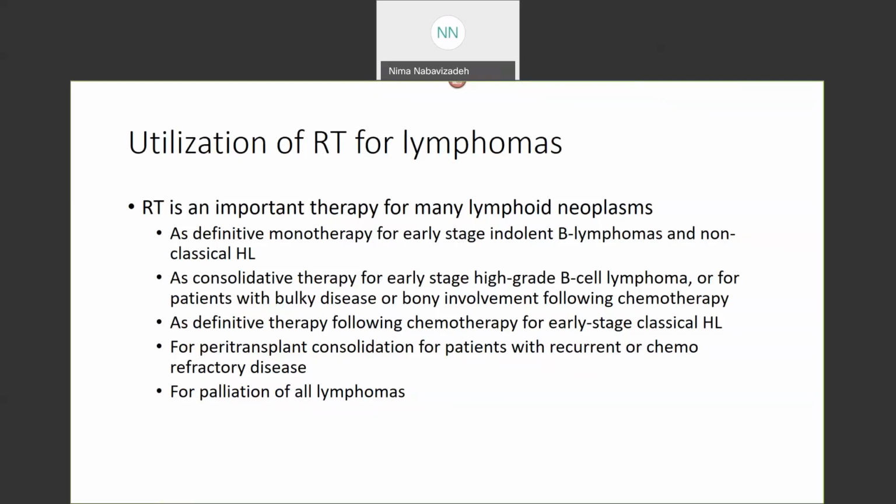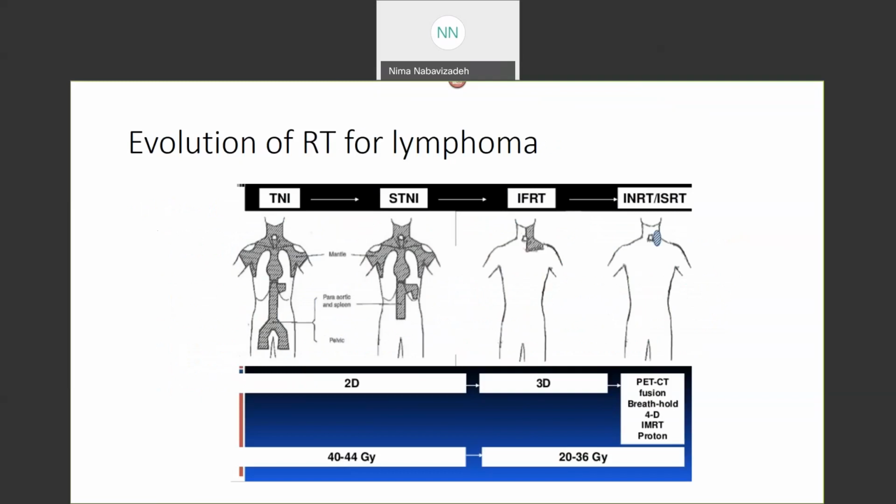We want them to go into transplant with very, very low volume disease. To get patients there, particularly the ones who have chemorefractory disease, we'll bring in radiation in the peri-transplant setting to basically get them to that remission situation. And then radiation, low doses of which can be used for palliation for all types of lymphomas.